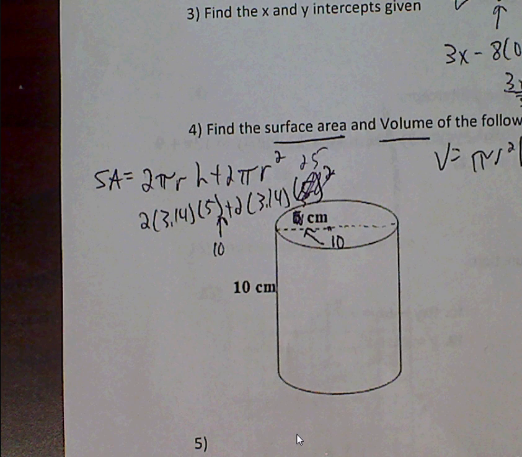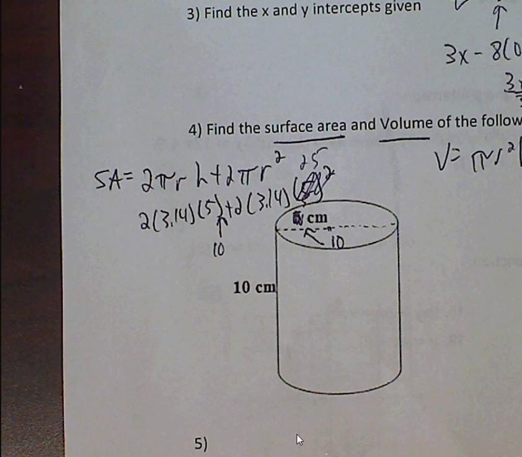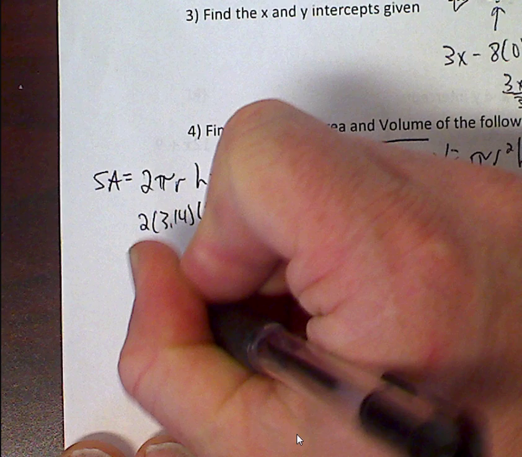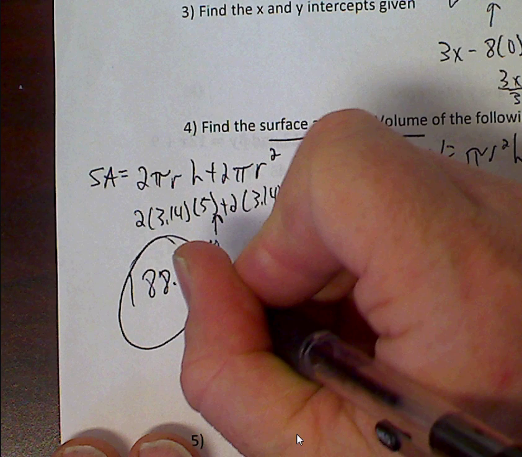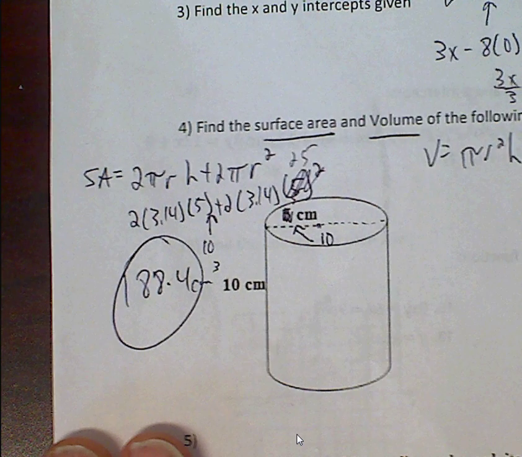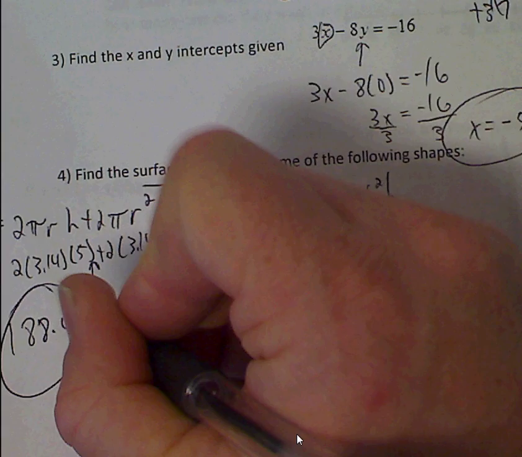Let me do that on a calculator. 2 times 3.14 times 5 times 10 plus 2 times 3.14 times 25, because that's what it's squared, I get 188.4. And that would be centimeters squared for surface area. I apologize, surface area is squared.